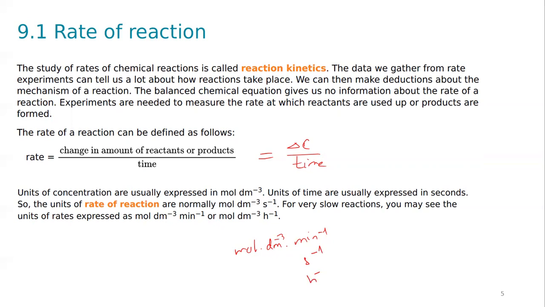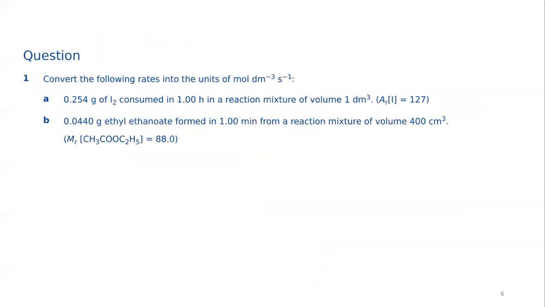So you understand the change in amount of reactant: the amount of reactant will decrease over time, and the amount of product will increase over time. So look at the question here: convert the following rate into units of mole per second.